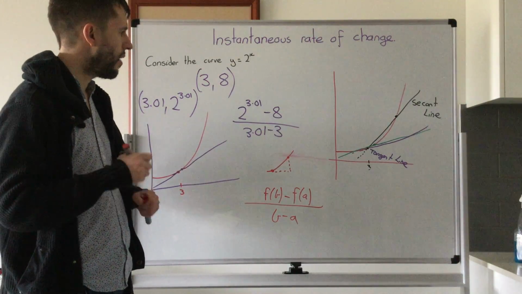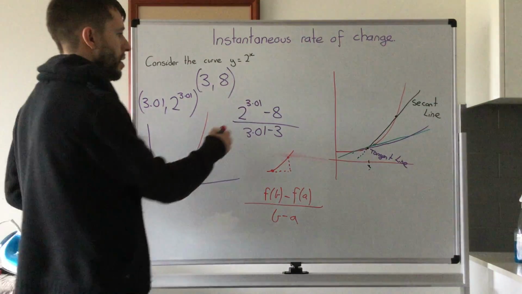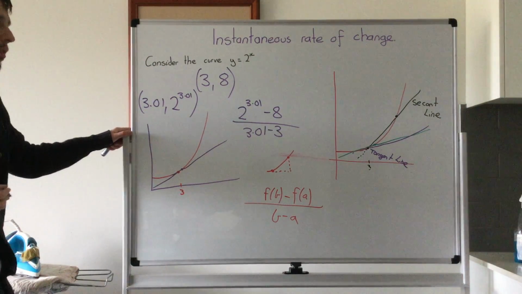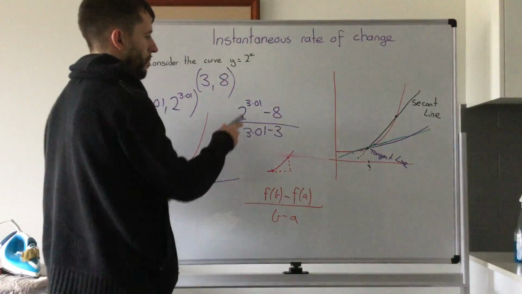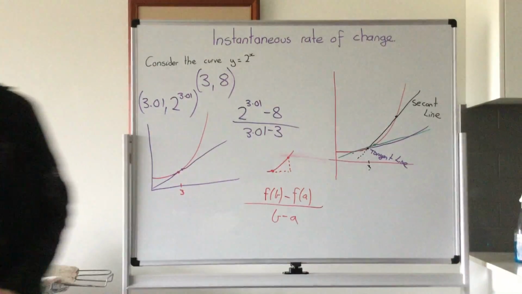So now I can go, okay, well, I'm going to use my calculator for this, but I know the bottom is 3.01 minus 3, which is 0.01. So I'm going to plug this into my calculator now, and it'll spit out the answer.